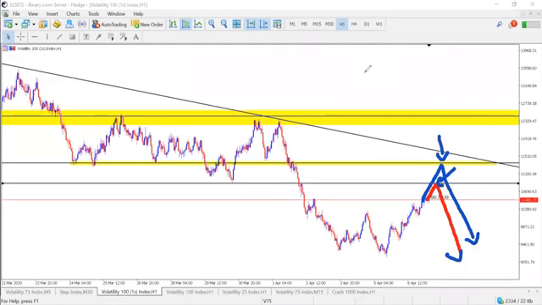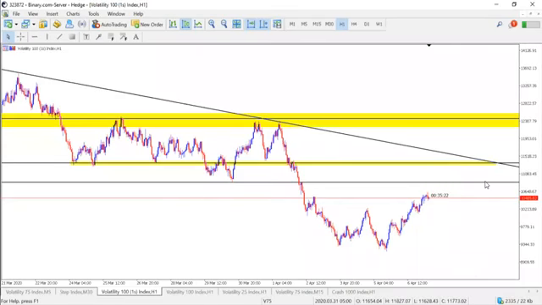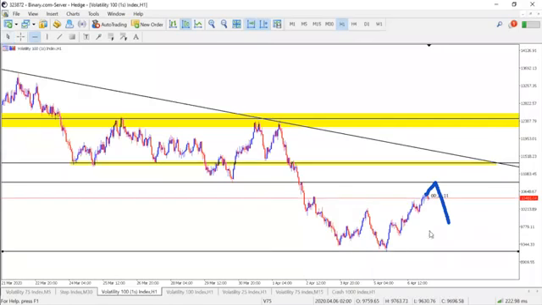Now, if price does come to this level, what about our target profits? If it comes to this level and bounces off and goes down, what is our possible target profit? Our possible target profit number one is this level. Why? Because price reversed around this level. So we'll be looking at TP number one around this level, right?